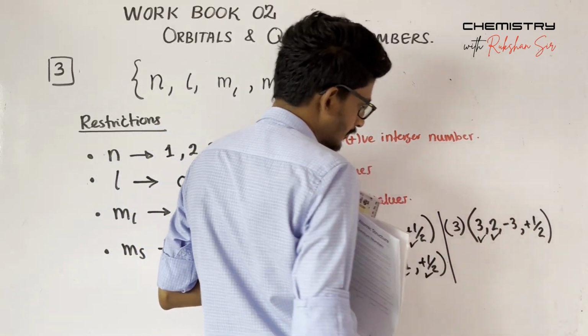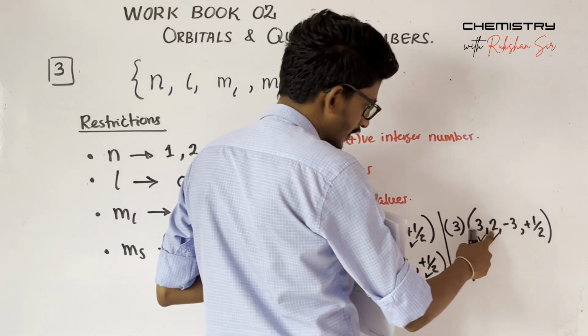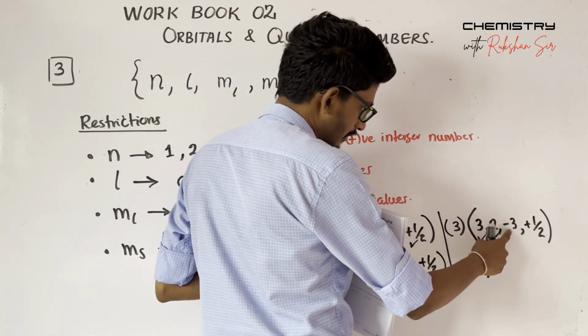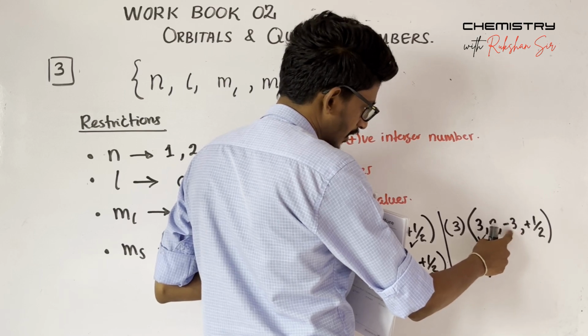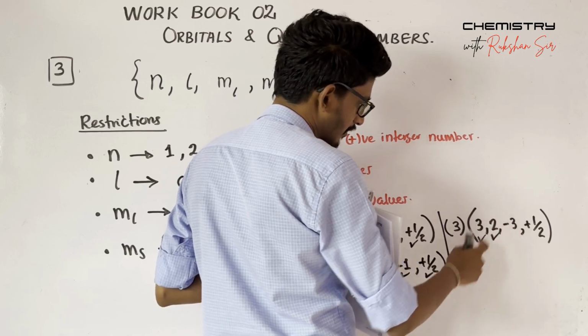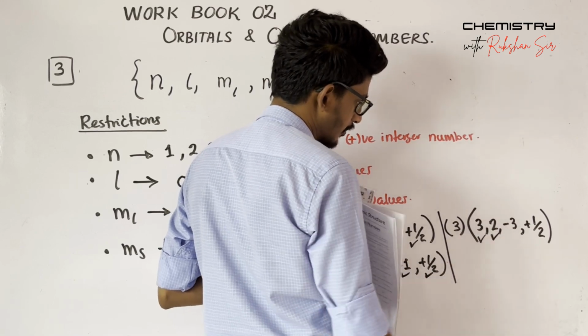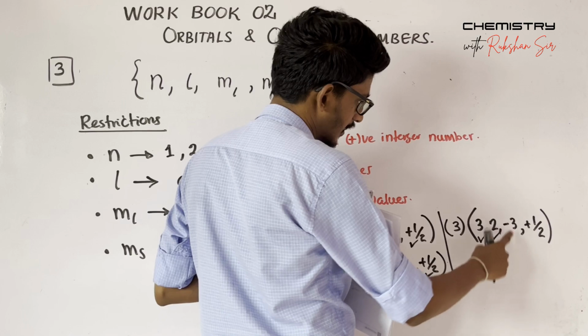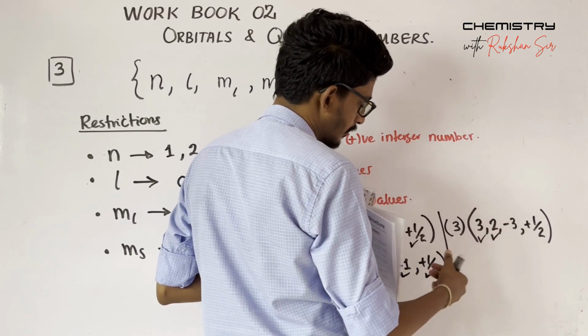When it comes to ML, the ML values available here are minus 2 to plus 2. It is restricted by the L value. So the ML values available are minus 2, minus 1, 0, plus 1 and plus 2.